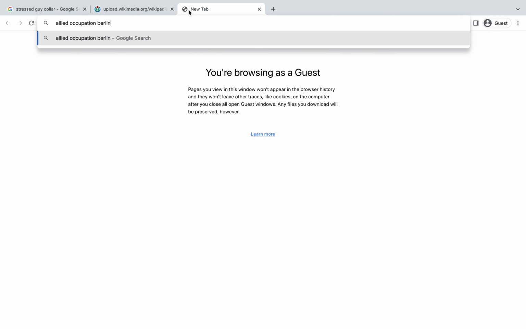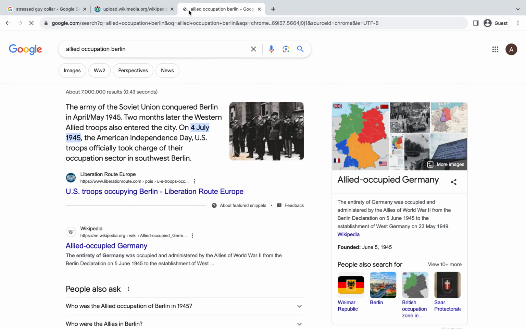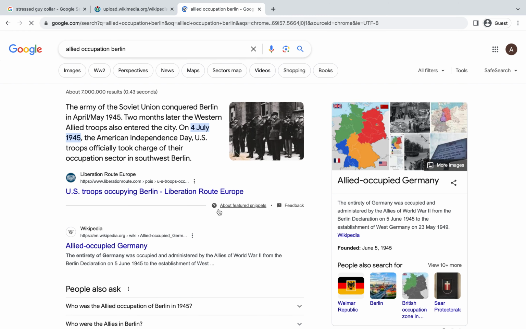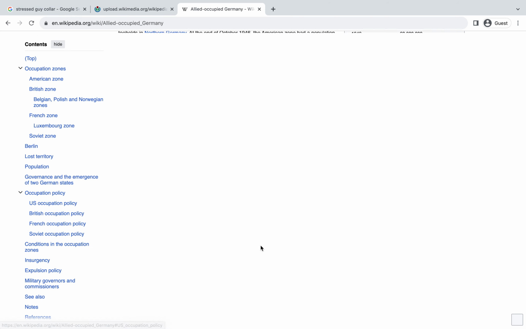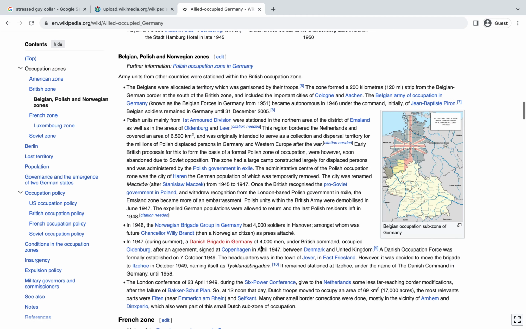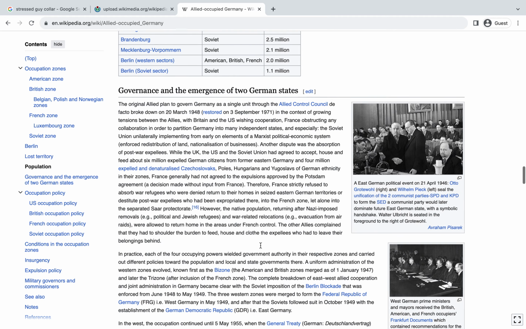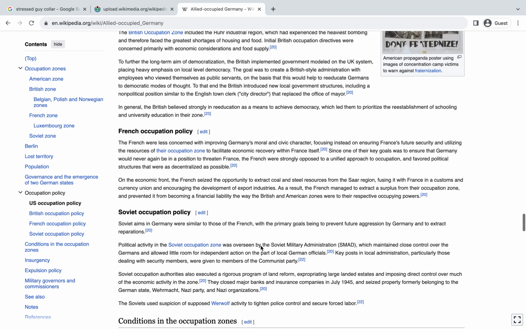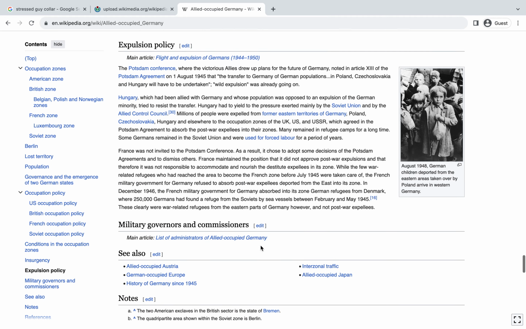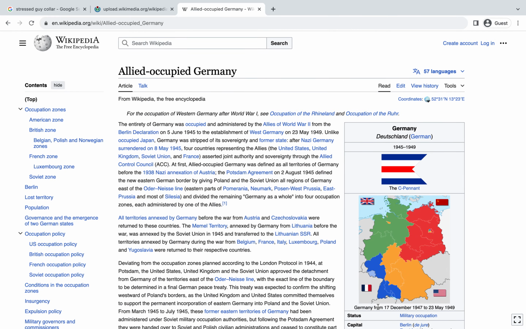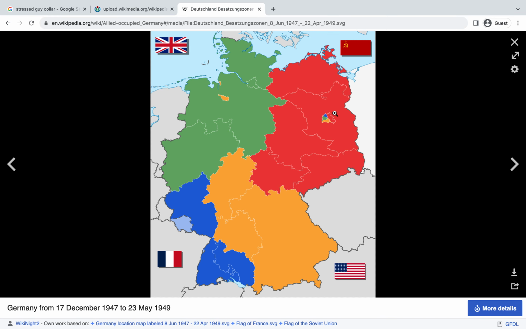So we've gone from the whole country being divided up. Now we're going in a little bit further. So actually, let's see if I can show you what Berlin looked like. I'm hoping I can. If not, we can just zoom in on the other picture. Okay, looks like we'll have to do that. Let's take a look then. This is Berlin.